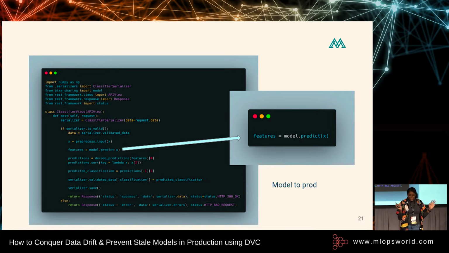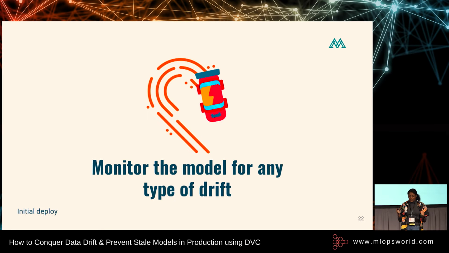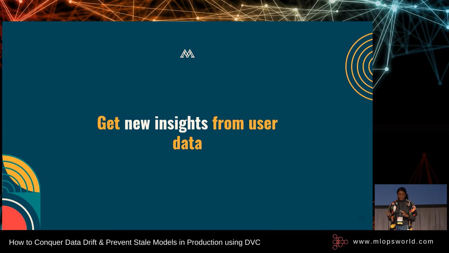But we figured all of that out, and we're sending the bikes to the subways, to the grocery stores, wherever, and everybody's good. The business side is happy, nothing is wrong. And we're just going to monitor, like everything is good right now.